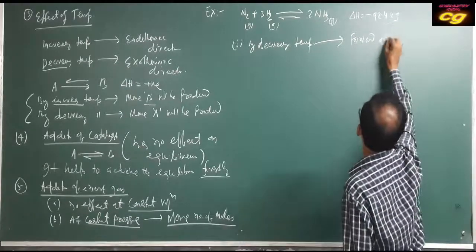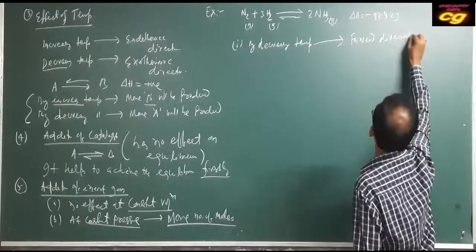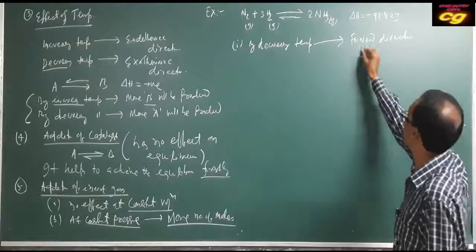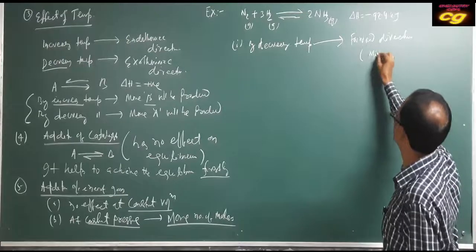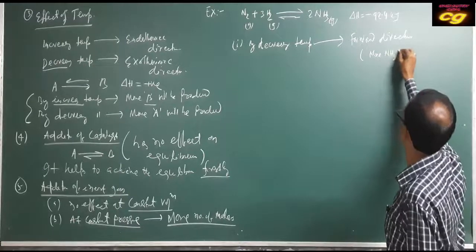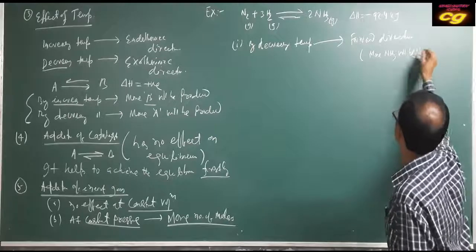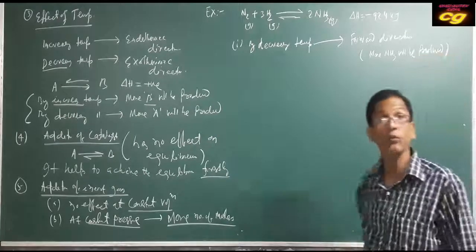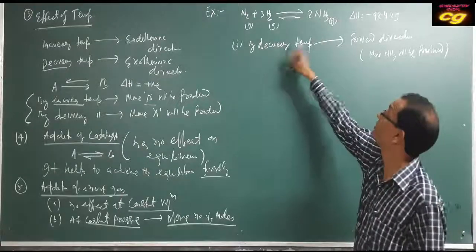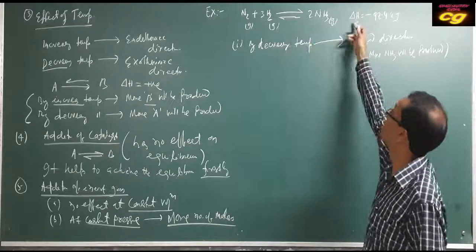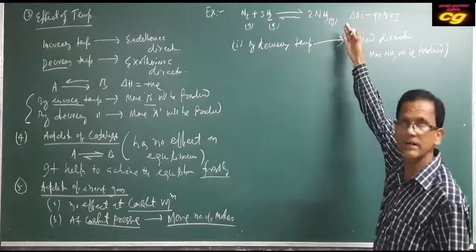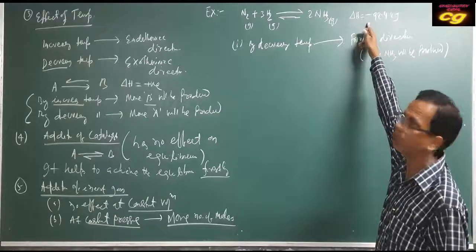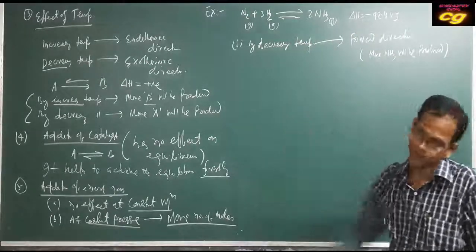Forward direction means more ammonia will be produced. So to get more ammonia, you have to decrease the temperature, because in the ammonia direction it is exothermic. So temperature should be less.